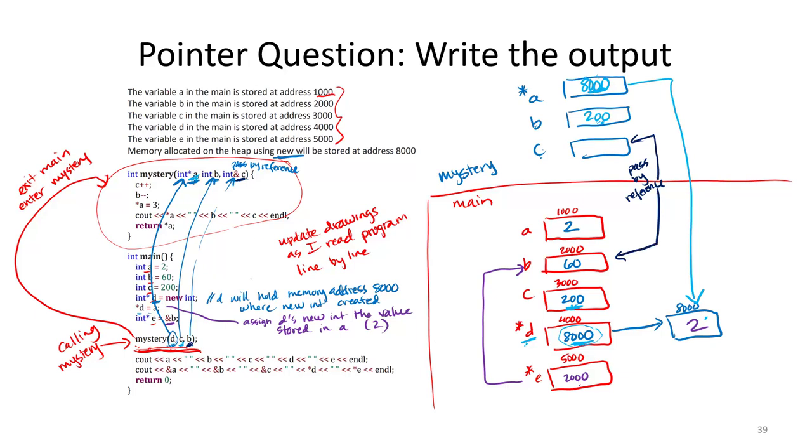Notice I'm plugging in my variable B in main into mystery as variable C. So mystery is going to receive that variable 60, but any changes made to C by mystery will also change C, or I'm sorry, variable B in main due to pass by reference.